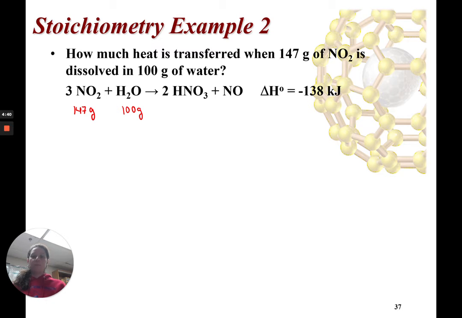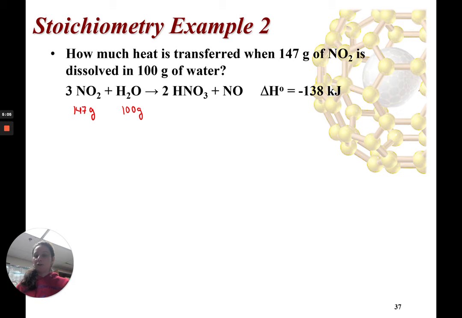So if you remember, there are many ways that I can figure out which one's limiting me. One of the methods is to start with one of your reactants and solve for how much you need of the other and see if you have enough of it. Another method is to start with both of the reactants and solve for how much you would produce of one of the products and see which one gives you less product, and that's going to be the one that is limiting you.